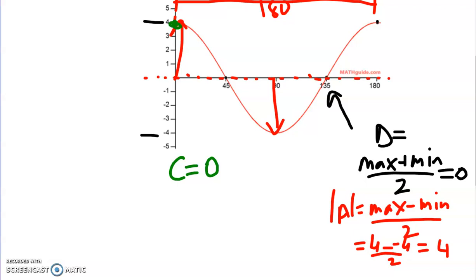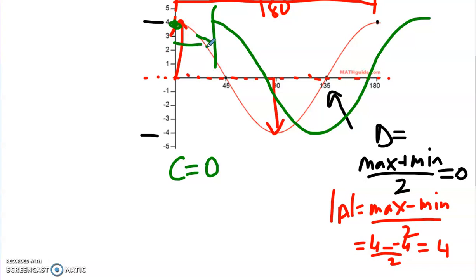If I had my peak to peak going like this here, then I would have a phase shift that I'm dealing with. But in this problem, I don't have any kind of phase shift, right? That would be a phase shift. So its C is just 0.